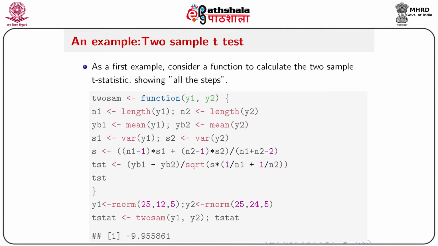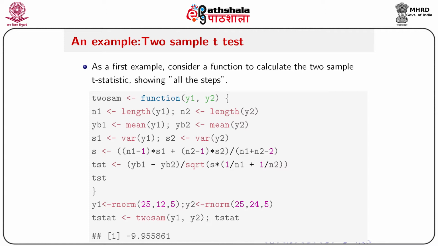Then we take n1 equals length of y1, n2 equals length of y2, yb1 equals mean of y1, yb2 equals mean of y2, s1 is variance of y1, s2 is variance of y2. Then s is (n1 minus 1) times s1 plus (n2 minus 1) times s2, divided by n1 plus n2 minus 2, that is the common variance.